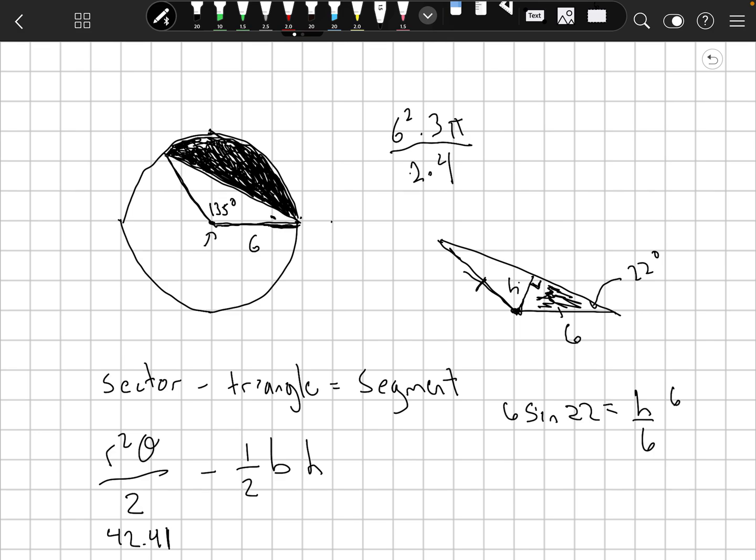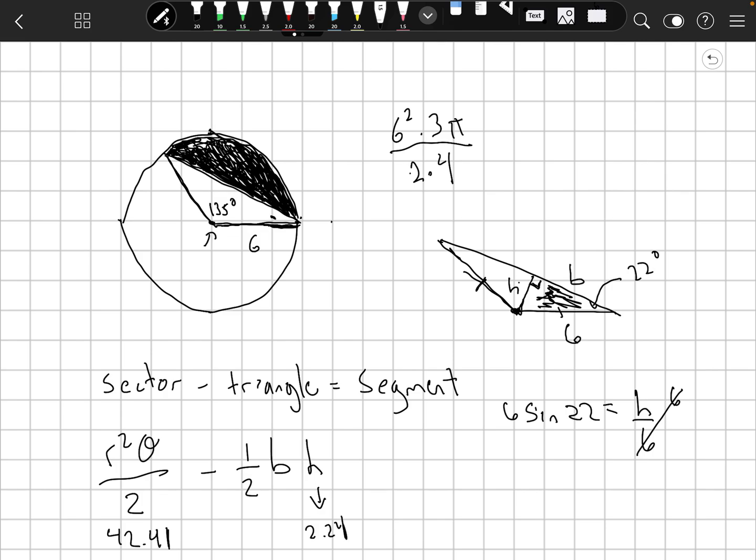We can multiply both sides by 6, so the height is 6 sine 22, which is 2.24, and that looks about right. Now we have 2.24 for the height.